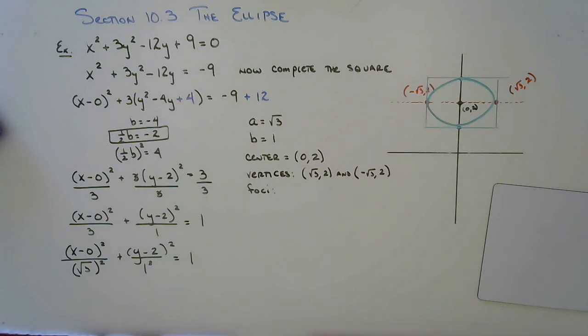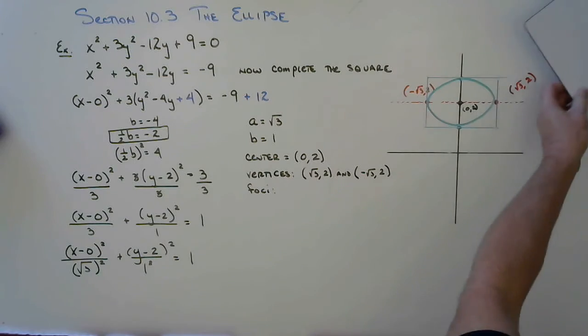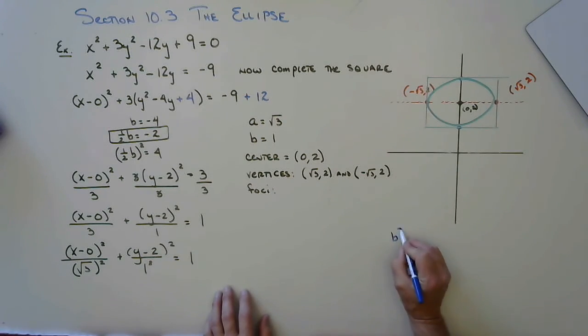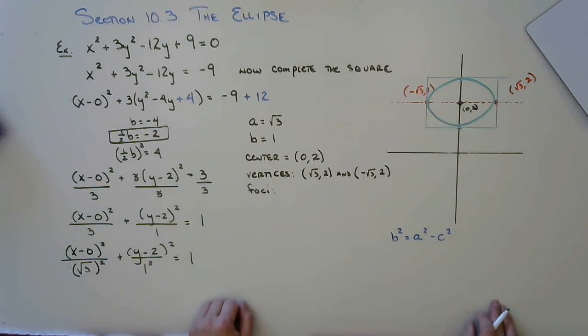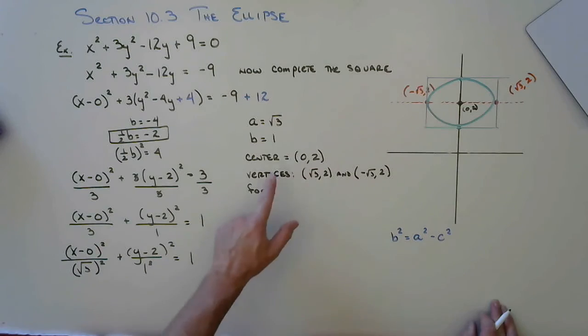Now, it also said find the foci. We don't have those labeled yet, do we? So how are we going to find those? We're going to use our equation. Do you remember the equation? We'll do our work over here off to the side. Our equation was b squared equals a squared minus c squared. That's our equation for the foci. Our b is 1.